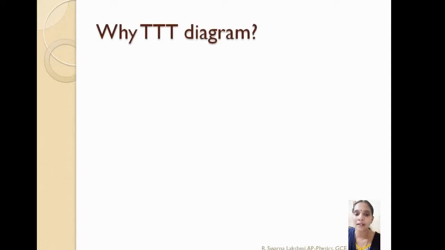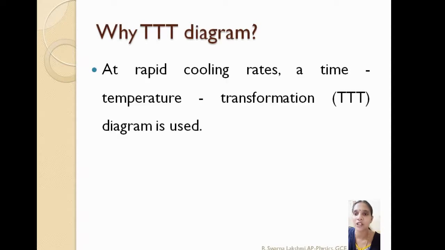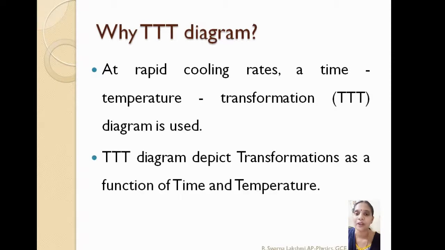This is where the TTT diagram becomes essential. At rapid cooling rates, a time temperature transformation diagram should be used to understand the new phases that are developed other than those seen in a typical equilibrium phase diagram. The TTT diagram depicts transformation as a function of both temperature as well as time.